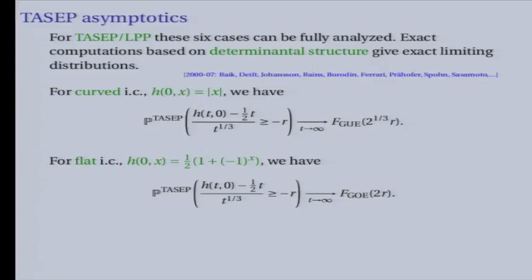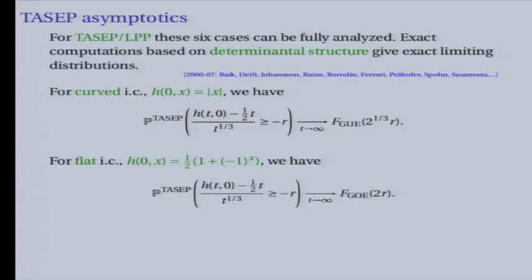I'm sorry, what is the 2 to the 1/3? Well, that's just a normalization issue. It's just that I don't get exactly the GUE in the way it's classically defined.